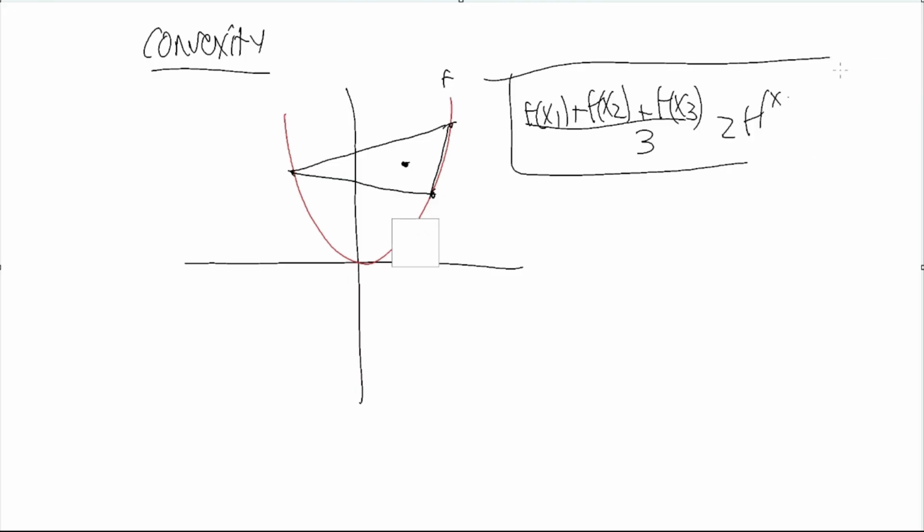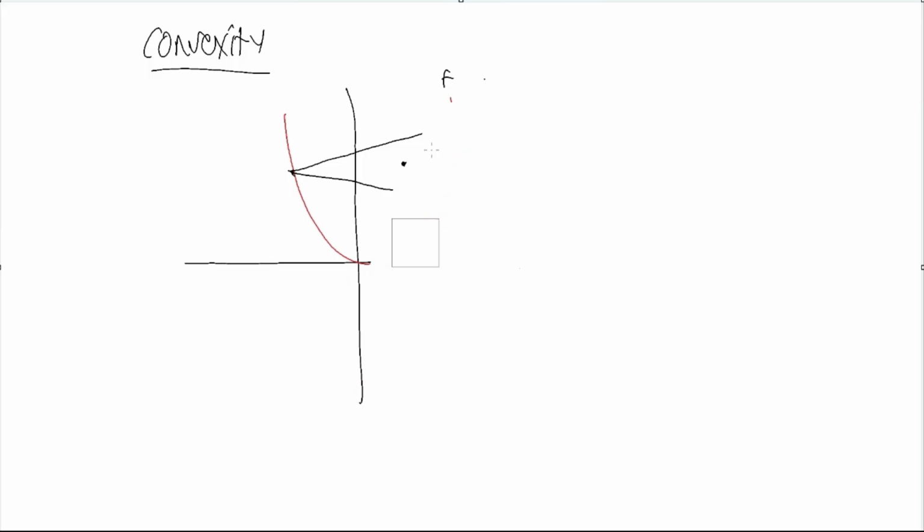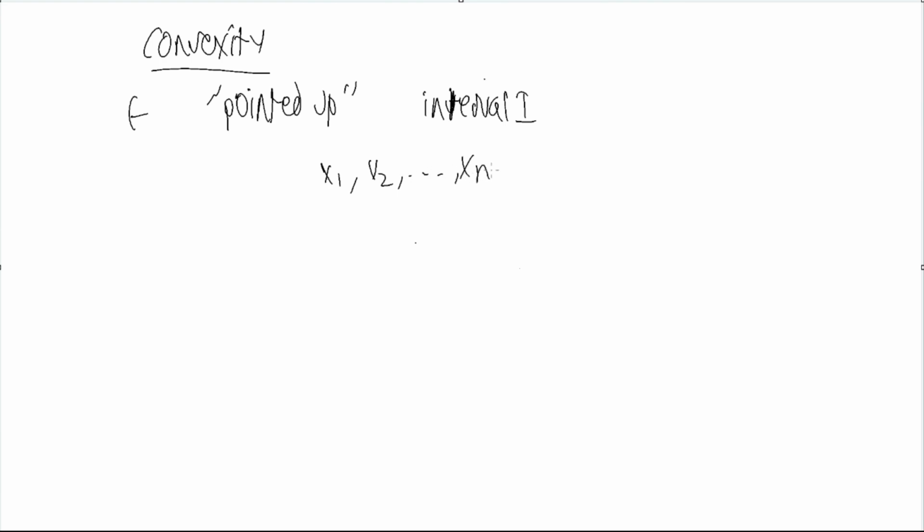And in fact, this very intuitive idea can be turned into a more general inequality. Suppose that f is pointed up on an interval I. So in other words, for all x1, x2, all the way to xn inside this interval, f has that U shape as we had earlier.